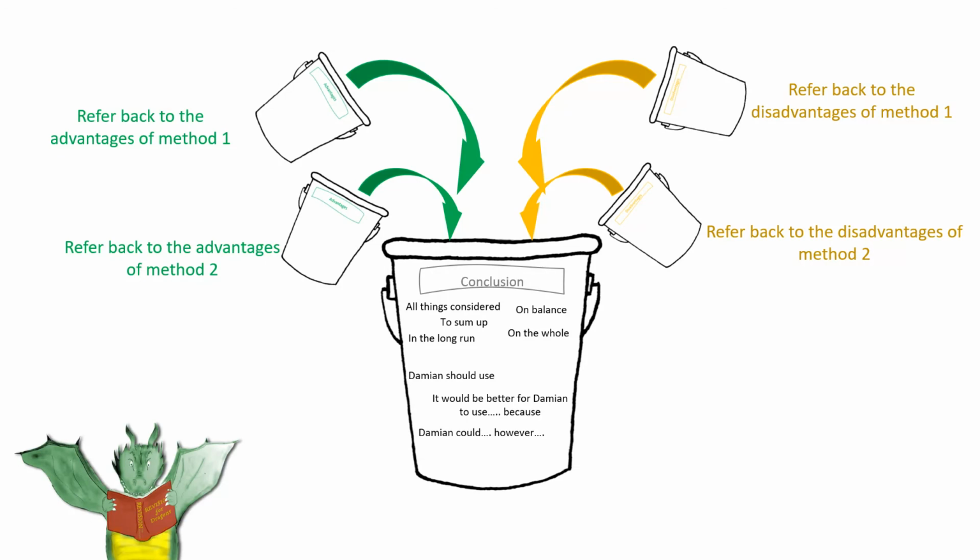And your points are competing, that is to say that where you've got an advantage of one of the methods, then you contrast that directly with an advantage of the second method, or you have an advantage of the first method and you say the disadvantage of the second method because you want to discount it. So that's what we call a competing sentence, and the competing sentences will show the examiner just how truly amazing you are.